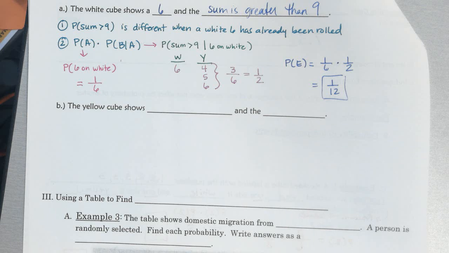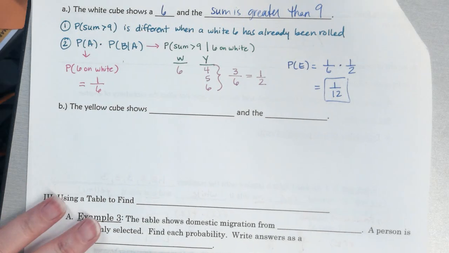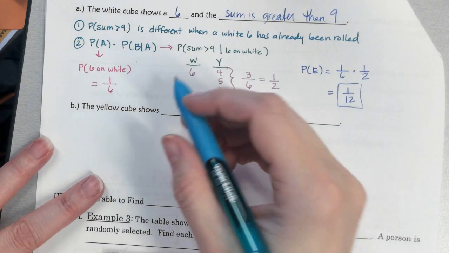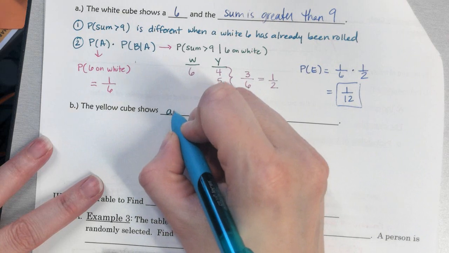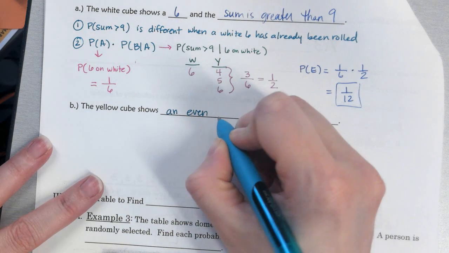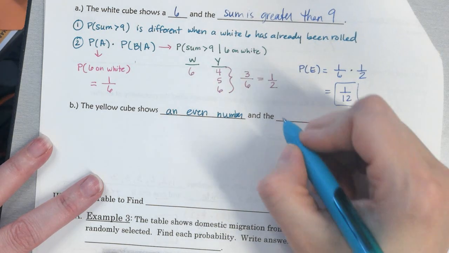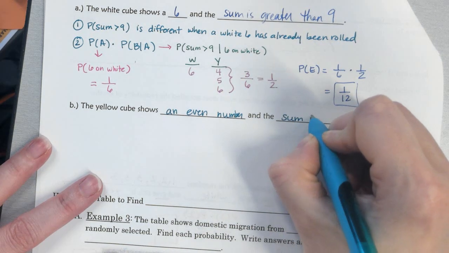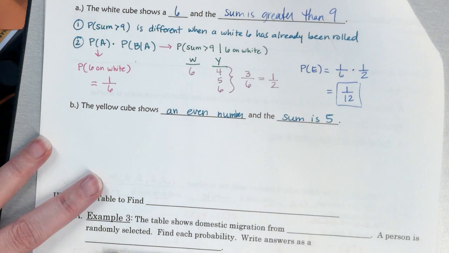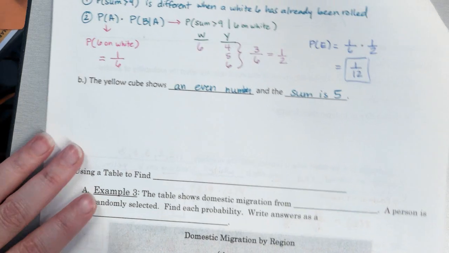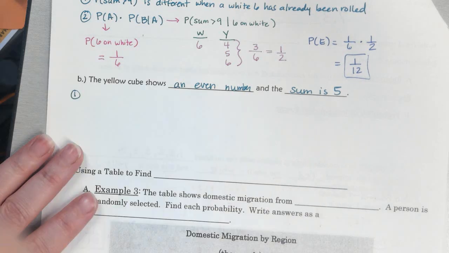Now the next one is a little bit harder, so I'm going to help you with this one too. The first part you'll be able to do pretty easily. For B, the yellow cube shows an even number and the sum is 5. The first thing we do is the explanation.